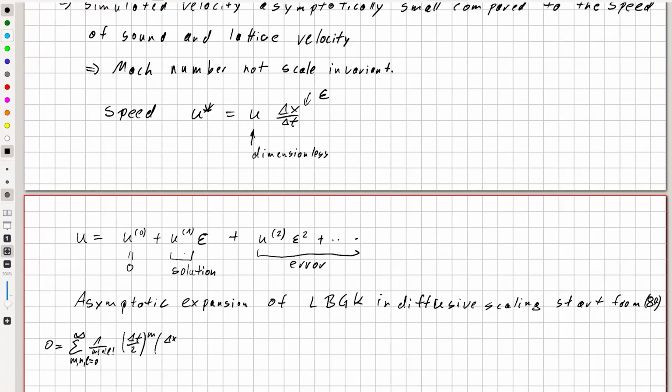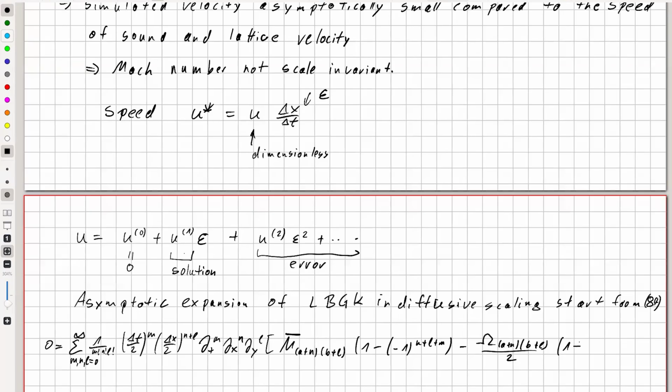So this delta x divided by 2 to the power n plus L, dt to the m, dx to the n, dy to the L, m a plus n b plus L. This is the overbar version, 1 minus 1 to the n plus L plus m minus omega a plus n b plus L, 1/2, and here comes 1 plus minus 1 to the n plus L plus m.